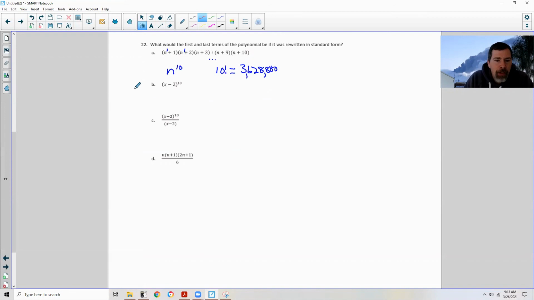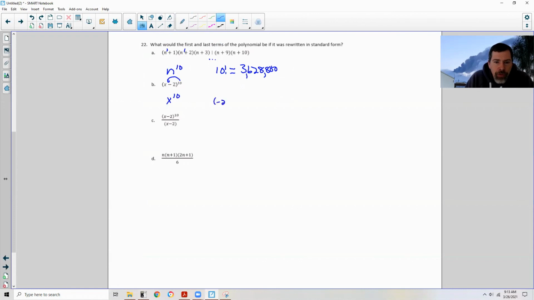All righty. All right, number 22b, x. So think of this as x minus 2 multiplied by x minus 2 multiplied by x minus 2, dot, dot, dot, like they should have done here, and x minus 2 all the way out 10 times, okay? So if I multiply my first terms, it's just going to be x to the 10th, and it's going to be negative 2 to the 10th power.